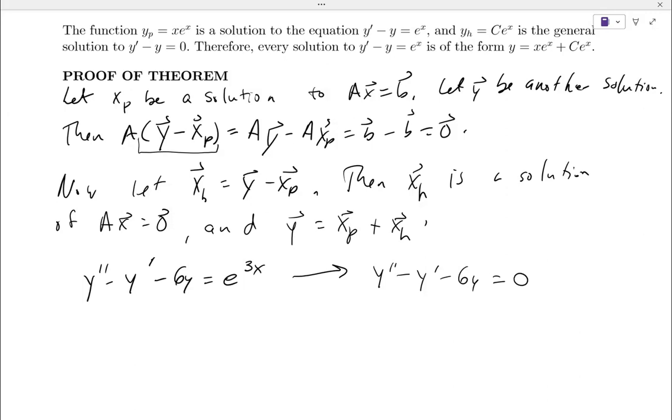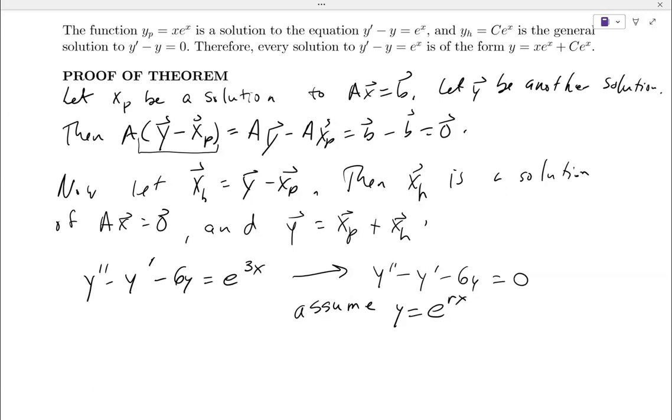What type of function do you know satisfies that kind of idea? E to the x, e to some constant times x, right? So what we do is we assume your y looks like e to the rx, because that's a function that we know when we differentiate it, a copy of that function comes back out again, right? We agree?